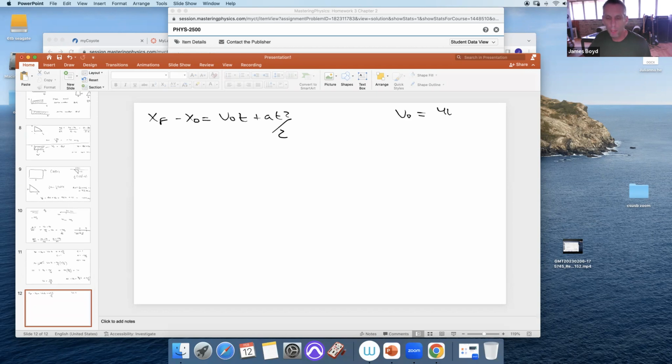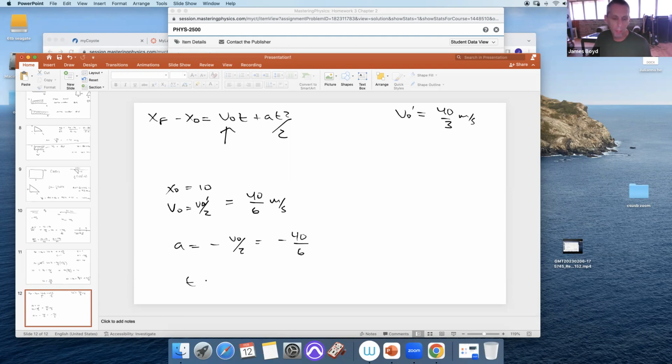V naught was 40 thirds meters per second. But for the second trip, x initial was 10, and V naught was half of the original V naught. So this is 40 over 6 meters per second. A was negative V naught over 2, and so that is negative 40 over 6.